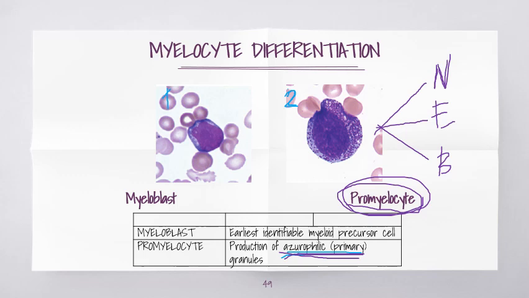So between the nucleus and the cytoplasm, which contains the granules, which do you think would be the basis for us to identify if it is a neutrophil, eosinophil, or basophil? It is the granules. I just mentioned it. Remember that.